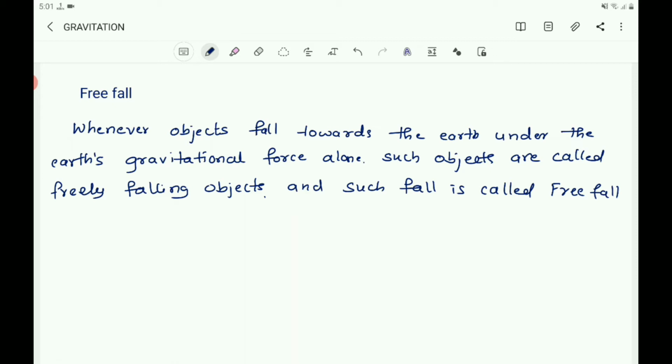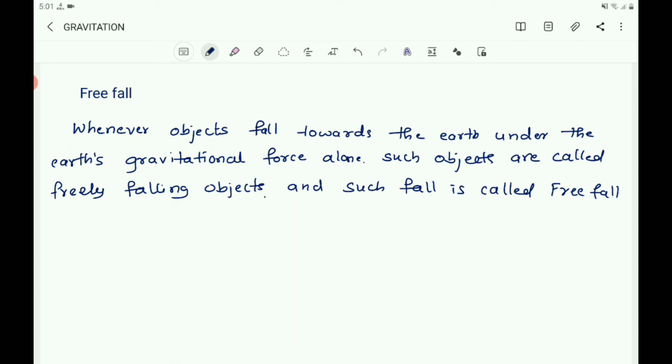Therefore, this acceleration is called the acceleration due to the gravitational force of the earth, or acceleration due to gravity, and its symbol is small letter g. And the SI unit of this acceleration due to gravity is m s to the power of -2.